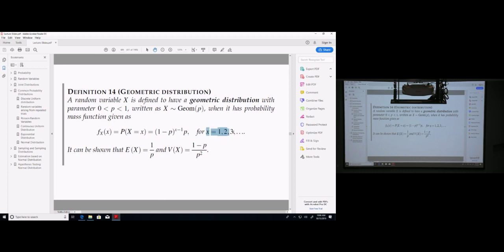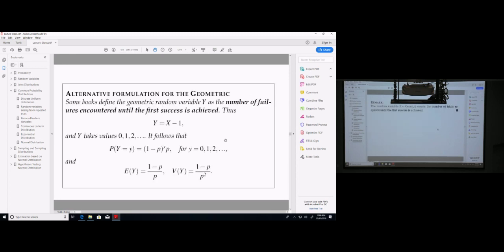The telltale sign would be that it runs from 1 onward, and that means you include the trial that leads to the very first success. All right. Whereas the other version would start from 0.